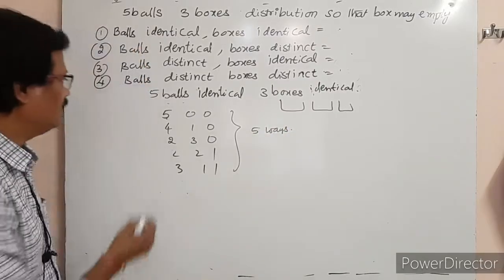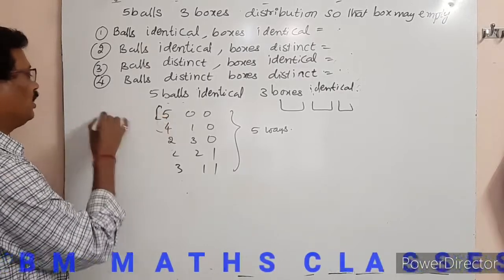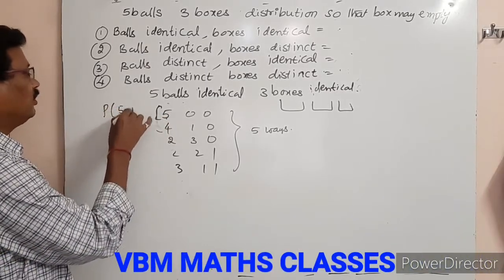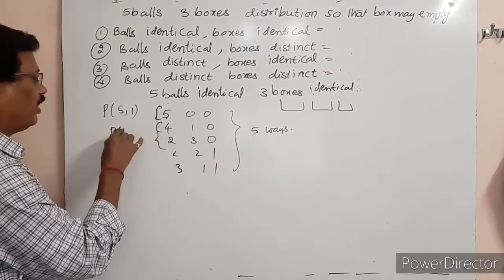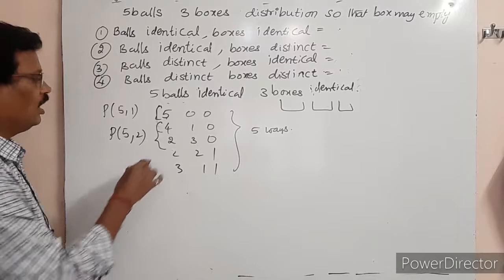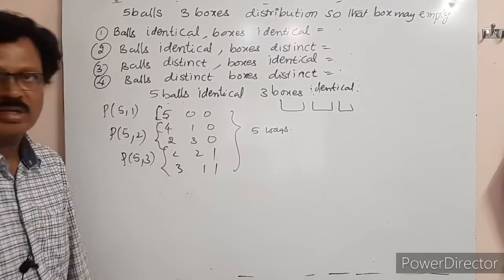Now we can write, this one is a partition of 5 balls into 1, and these two are partitions of 5 balls into 2, and these two are partitions of 5 balls into 3.